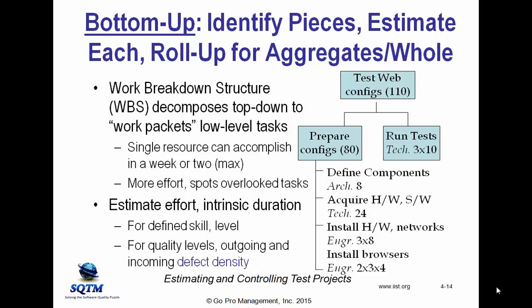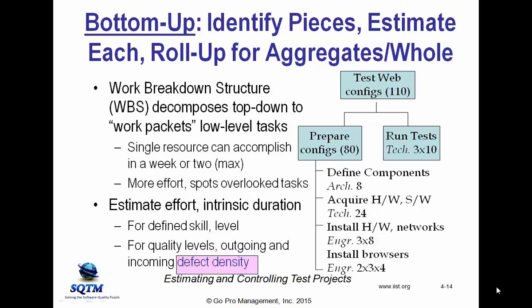And we make those estimates for a defined skill and level and for prescribed quality levels, both incoming, which is referred to as defect density. You know, and I know, that if the code that you get is all full of defects, it's going to take you a lot longer to test it than if it's clean code.